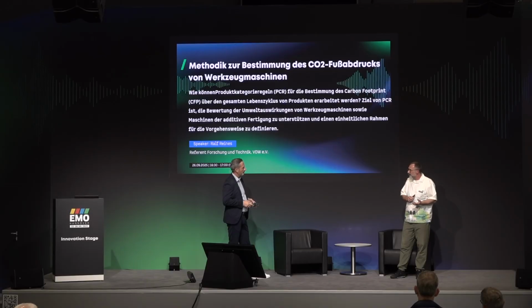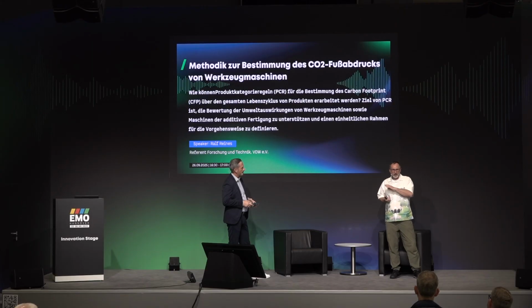Does it come from a coal-fired power plant, or is it from a hydroelectric power plant? Hydroelectric, very low emission factor, coal-fired power plant, very high. So the number one factor here is, you should operate on the basis of green energy. The manufacturer of the machine tool can't influence this. This is up to the user of the machine, the operator of the machine.